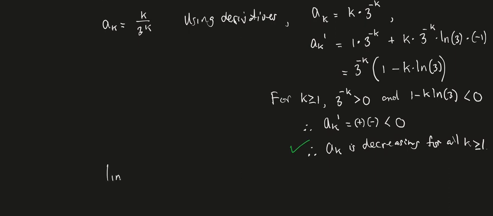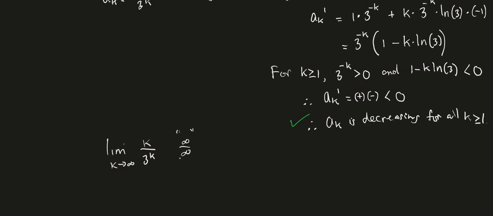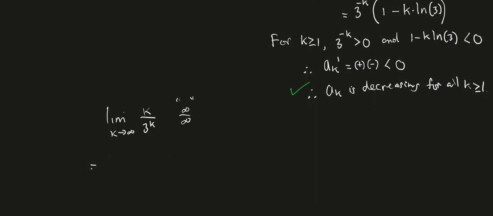So let's take a limit as k goes to infinity of our terms, k over 3 to the k. Well, this is a wonderful indeterminate form. I think it's set up perfectly for L'Hopital, so we're going to do our L'Hopital there.